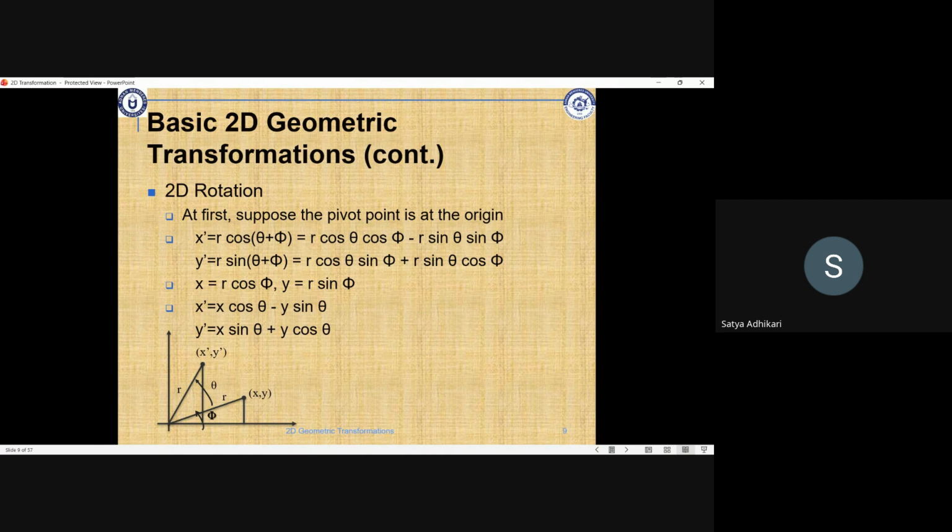Cos theta is 1 by root 2, and sin theta is also 1 by root 2, because sin 45 is 1 by root 2. Suppose theta is 30 degrees, so sin theta is half. In this way, a new value is calculated for x and y, which will be x dash and y dash.